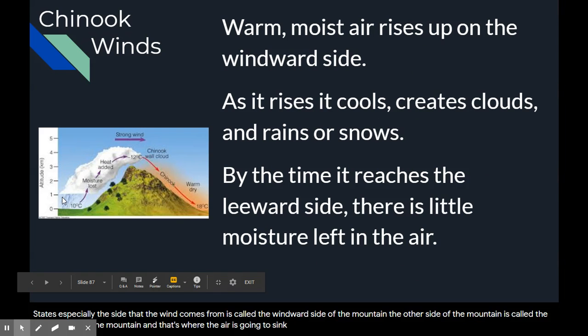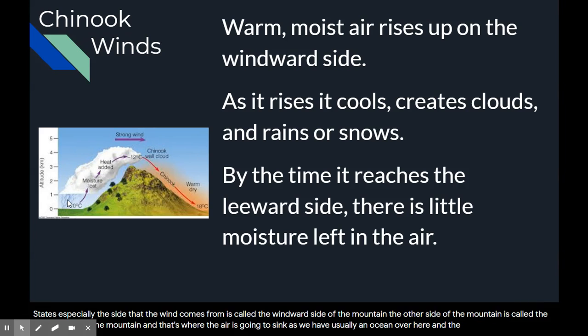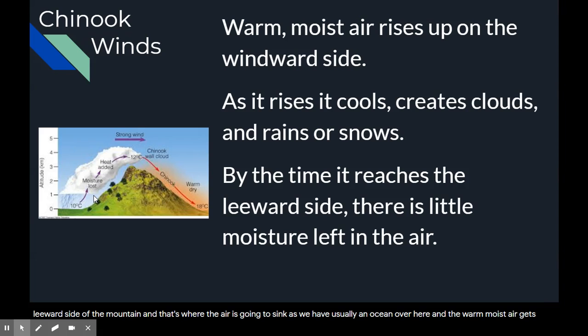So what we have is usually an ocean over here, and the warm, moist air gets pushed across here and gets pushed up the mountain. As it rises, it starts to cool and it starts to create clouds and rain or snow, depending on the season.